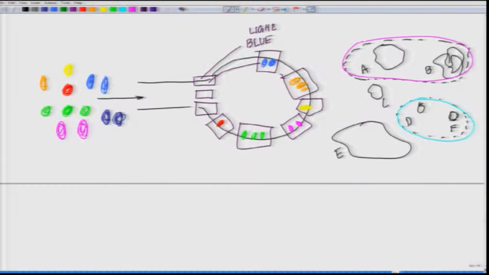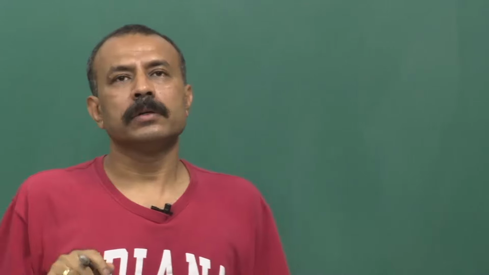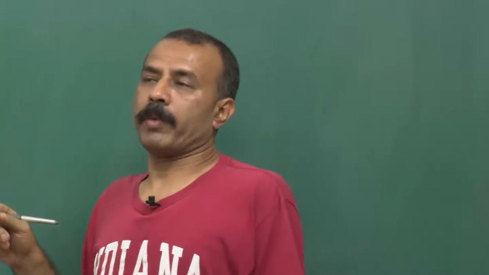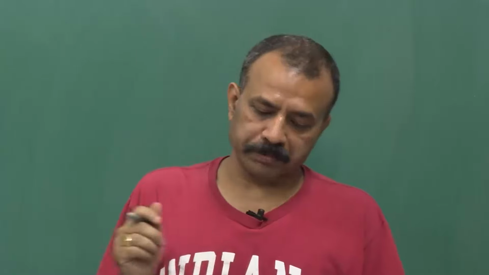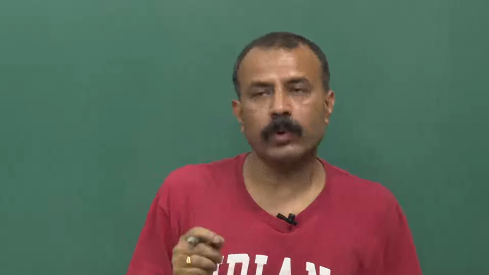Now, how to separate them out? One option is that you label them, just like you are entering the arena to see a match. You have specific color-coded tickets. You may have an orange one, a green one, a blue one, a red one.